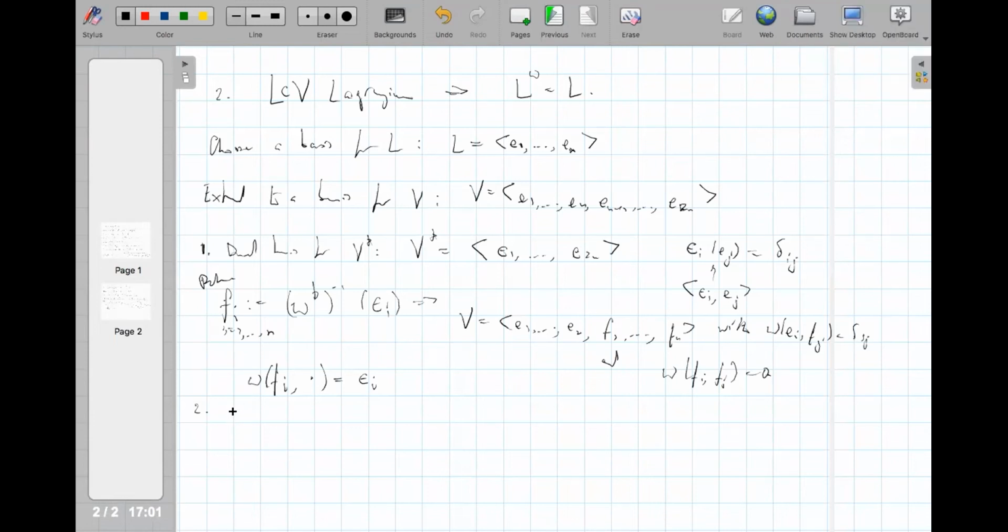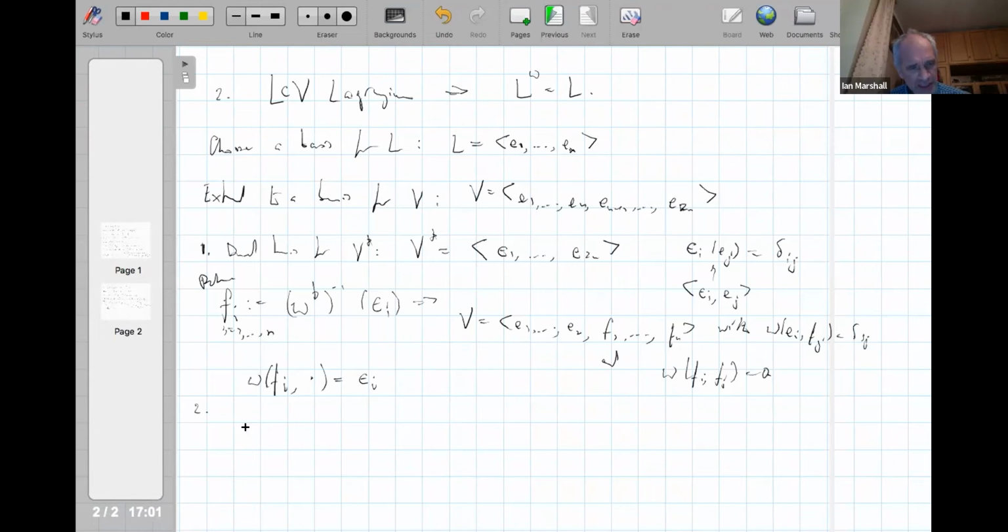Okay. And for this, it's nice to introduce some extra notation, which I think is useful. So let's introduce Fi. I prefer to write F(n+i) as Fi hat.